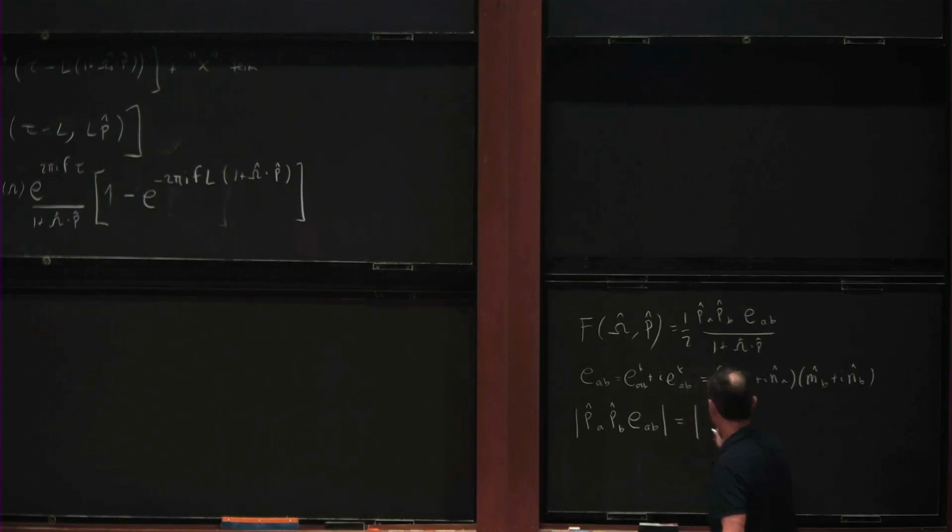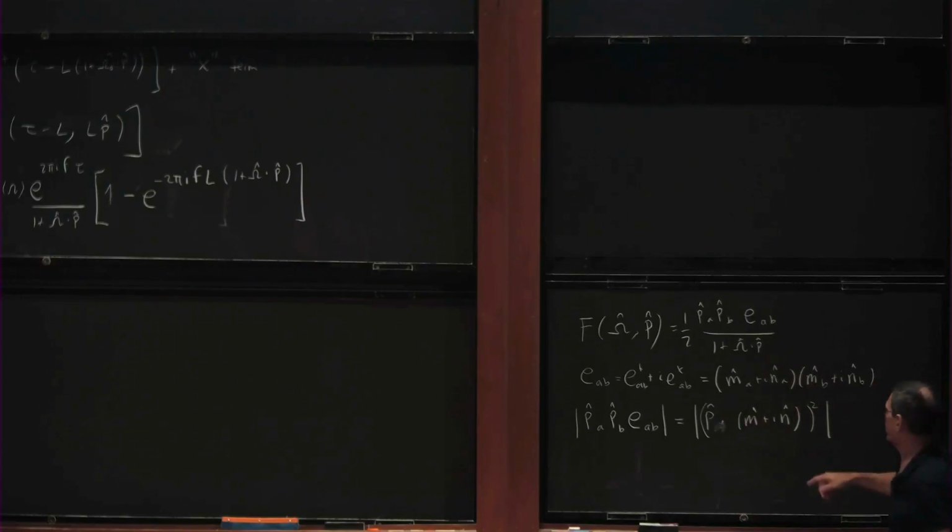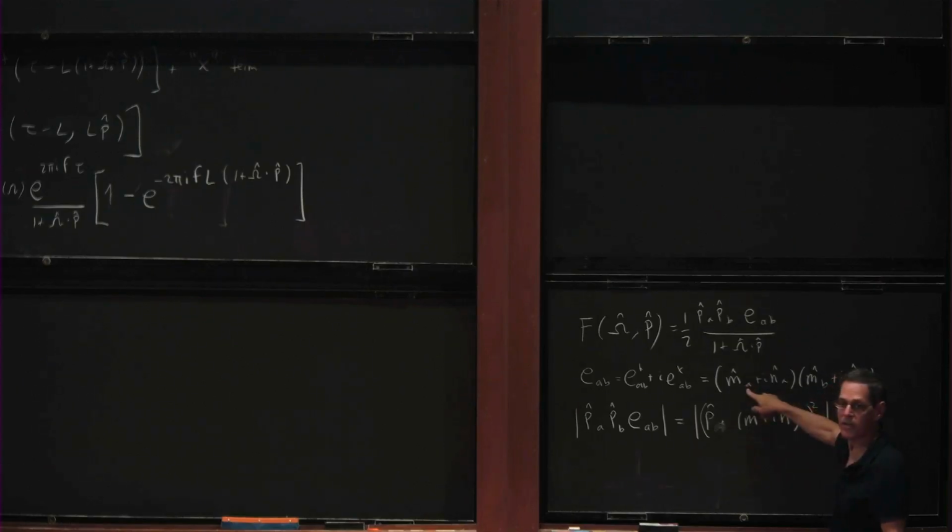So that's the modulus of p dot (m̂ plus i n̂), squared. Because when I take the dot product here, I've got two p's dotted into this expression. One of the p's dots the first one, the other p dots the second one. And so I just get p dot that combination squared.